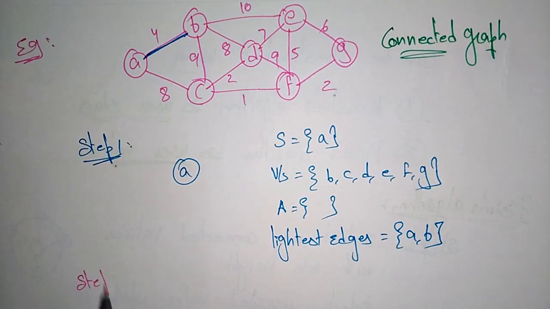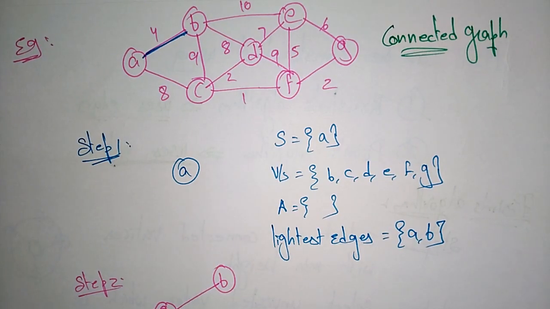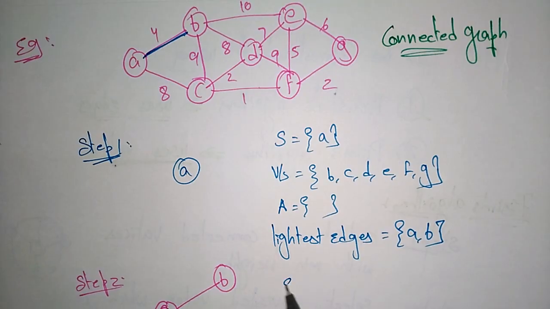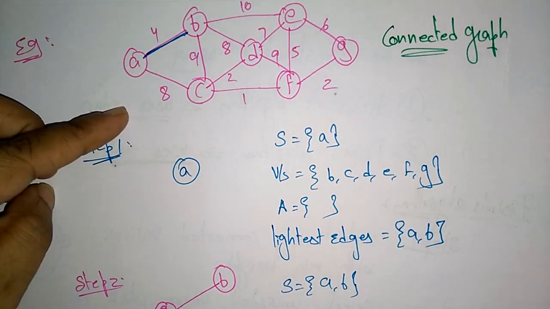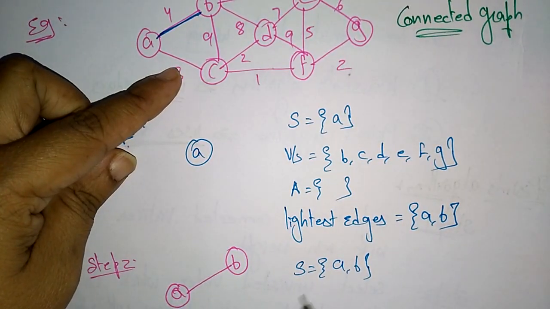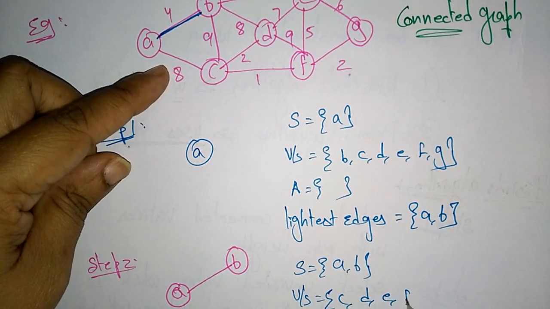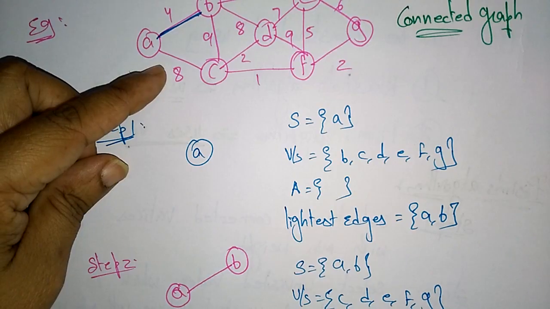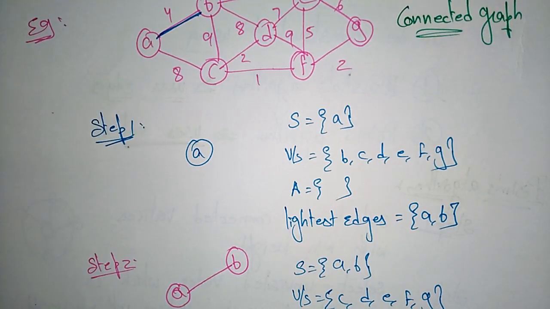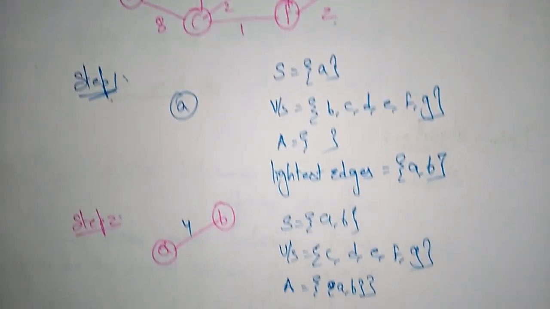In step 2, I am taking A, B. Now the set contains 2 vertices, A and B, and the remaining vertices are C, D, E, F, G. The set contains A, B, with weight 4.